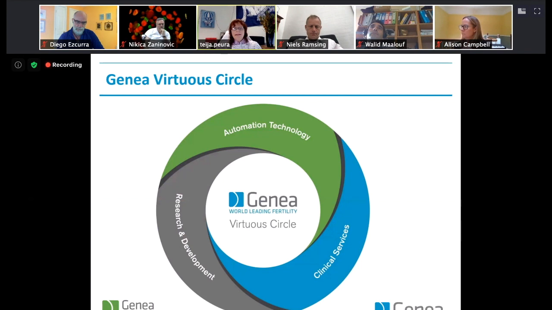Because we have these two different business units within one wider group, we have what we like to call a virtuous cycle, where clinical services tell us what they want, and the automation technology then develops the products with continuous feedback from the clinical needs. Once the systems are developed, they are implemented in the clinic, and then we get further feedback.